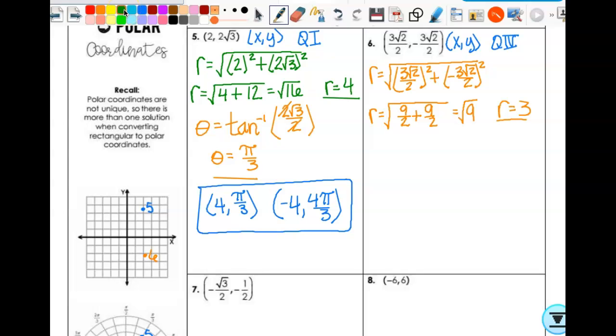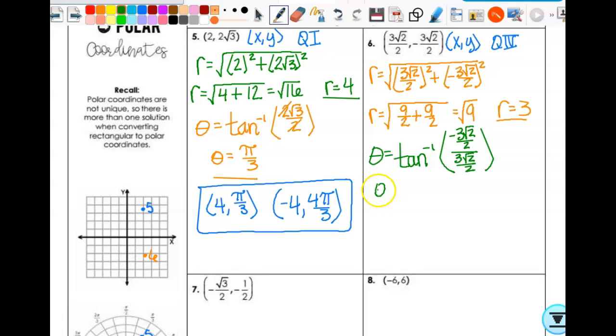Then I'm going to find theta. Theta equals the tangent inverse of y over x, that's negative 3 square root of 2 over 2 over positive 3 square root of 2 over 2. So that looks horrific. I could keep change flip, but are the numerator and the denominator the same with the exception of the sign? Then what does it reduce to? Negative 1.